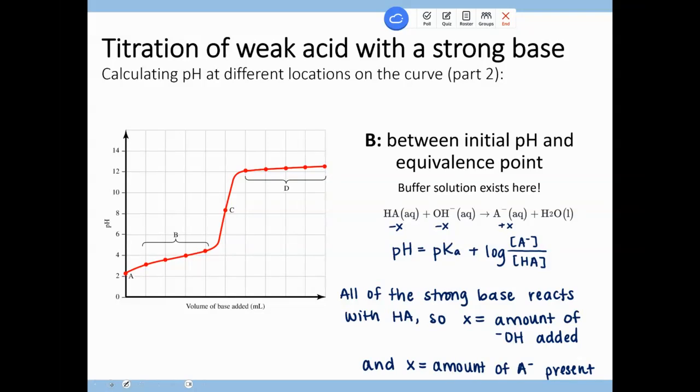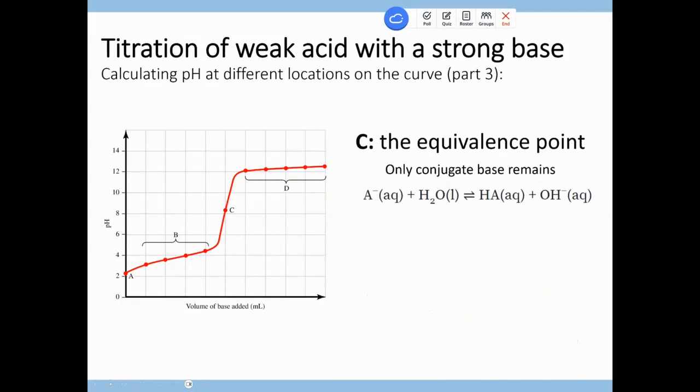Okay, so this is when all of the acid has now reacted with the base, so there's no more HA present in solution. So notice our reaction equation has changed again.